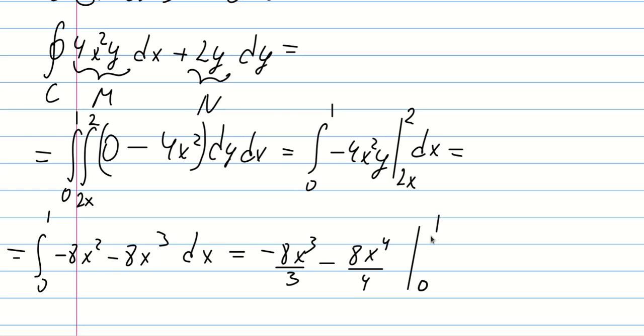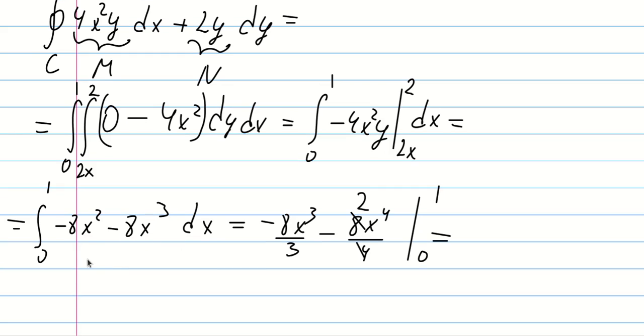Evaluated from 0 to 1, 4 we can divide, so we're going to get 2. If we plug in 0, everything zeroes out. So we only need to use 1. So let's try to calculate it. We're going to get negative 8/3 plus 2. And 2 can be written as 6 over 3.